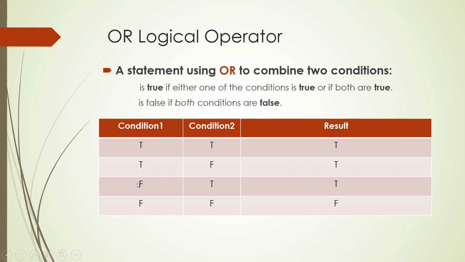If condition 1 is false or condition 2 is true, my end result is true. If both conditions are false, my end result is false. So using the OR operator, it is true if either one of the conditions is true or if both are true. It is false if both conditions are false.